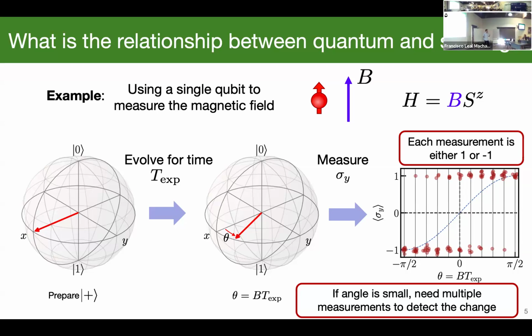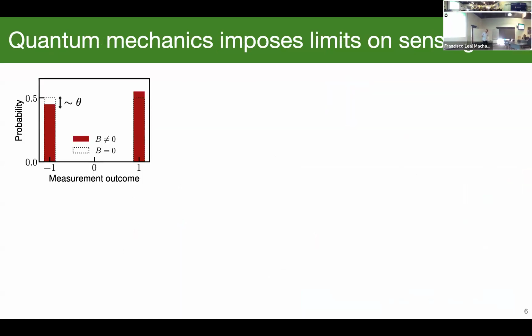We can connect to this Fisher bound idea that Norm presented, and think of this problem as a distinguishability idea. Imagine I'm trying to measure a very small field, and fundamentally I'm trying to distinguish the distribution where the measurement outcomes are completely uniform, that's the dashed line, or see a little bit of an imbalance that is caused by the fact that I have a little bit of field.